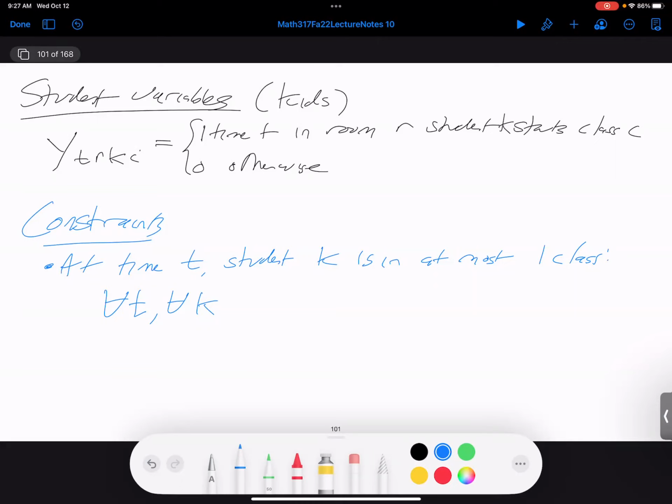So you do some kind of sum over times. And I need to do a sum over classes. So I'll sum over all classes. And then I'll sum over times. And the time will go from 0 to the length of class C. And then how do I tell if a student is in a class at time little t?